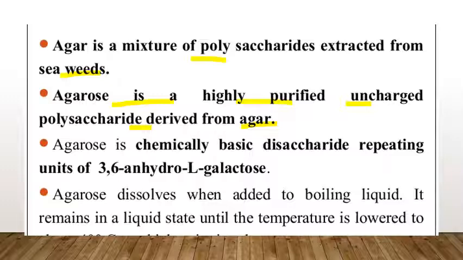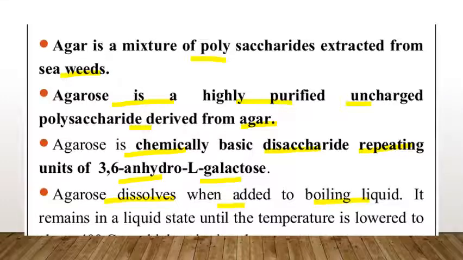If we see chemically, the agarose is a disaccharide. The repeating unit is 3,6-anhydro-L-galactose. Agarose dissolves when added to the boiling liquid.